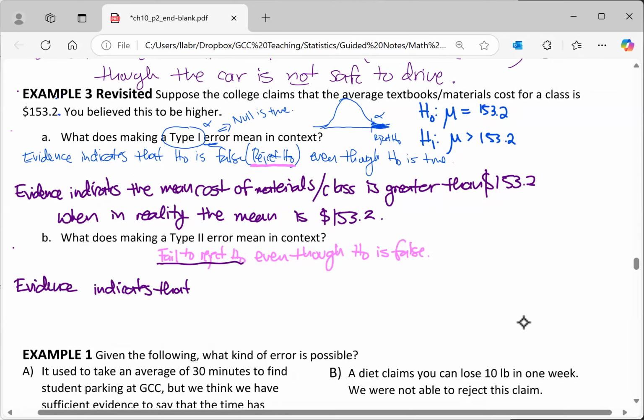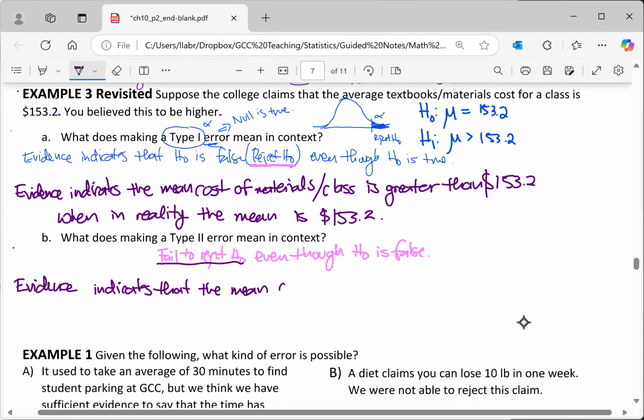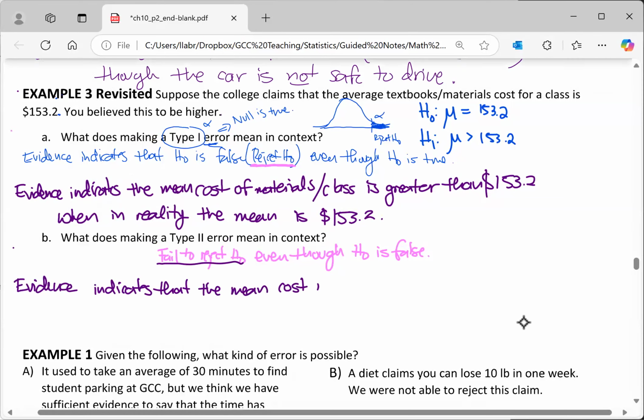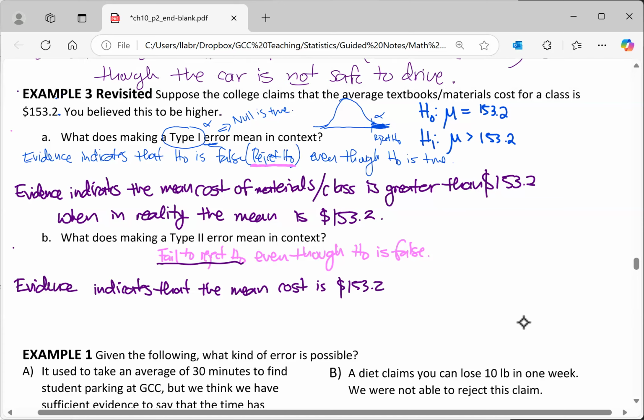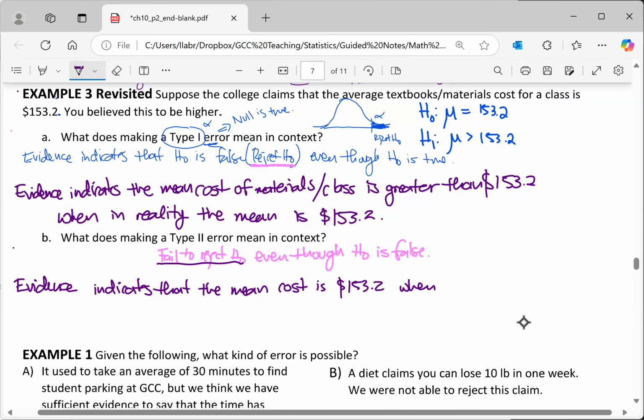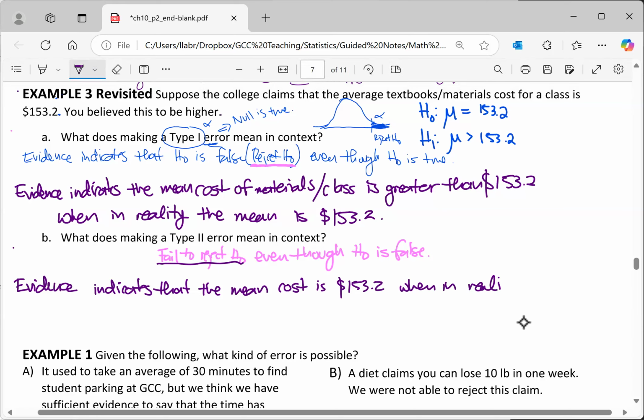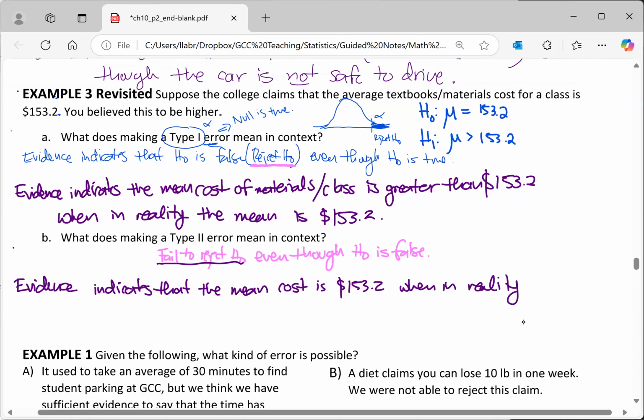So evidence indicates that the mean cost is 153.2, when in reality, so if H0 is false, we're just going to go ahead and say that we were correct in alternative.